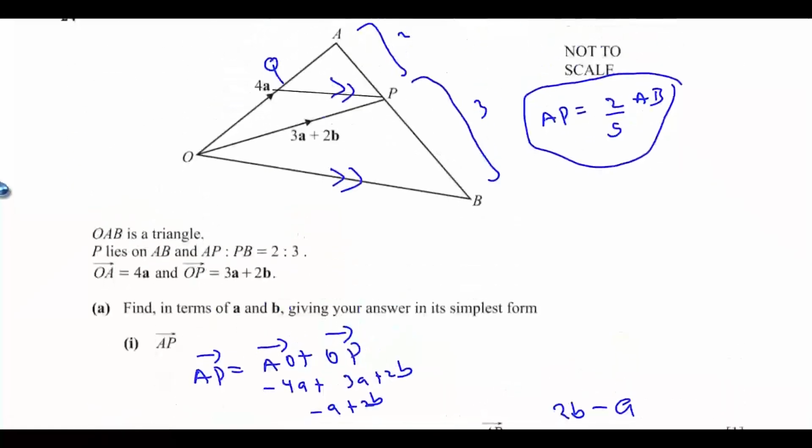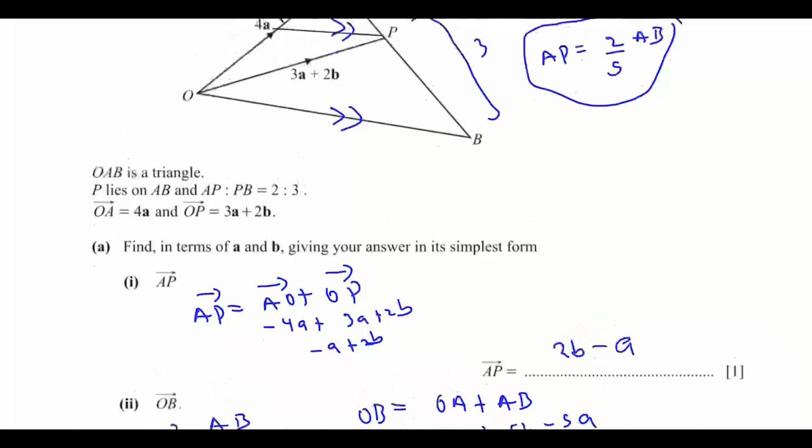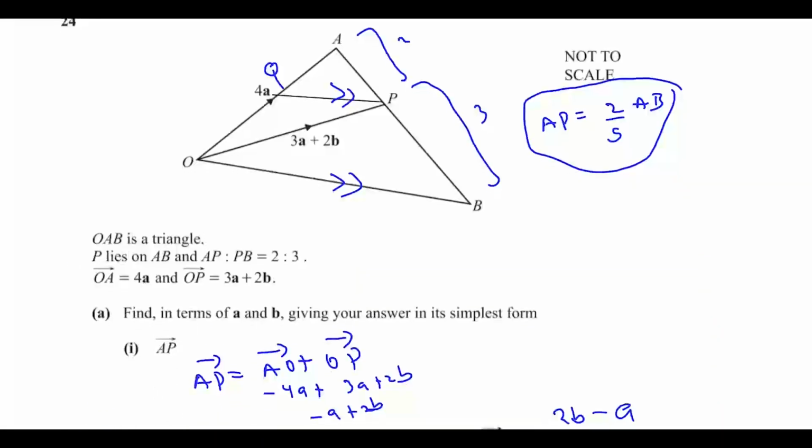So you can say QP will be equal to some K multiplied by OB. This tells us that QP and OB are parallel. But how do we get K here? I doubt there is a way we can get K here.